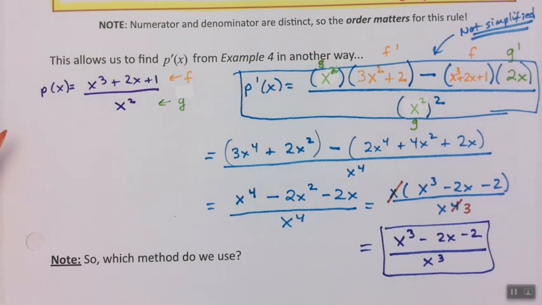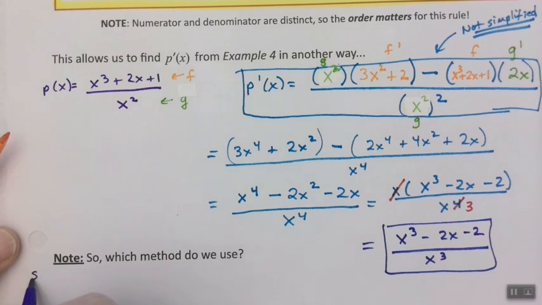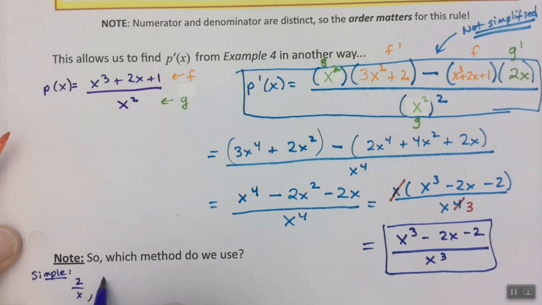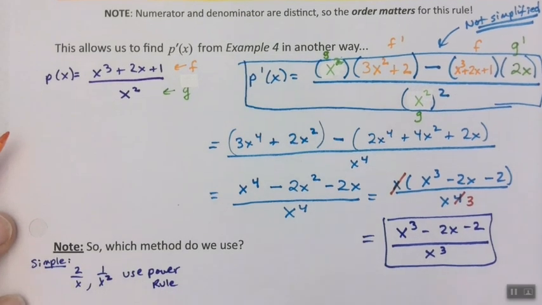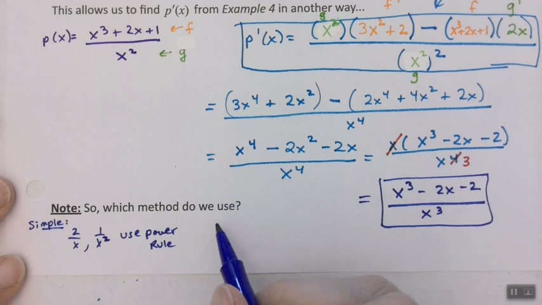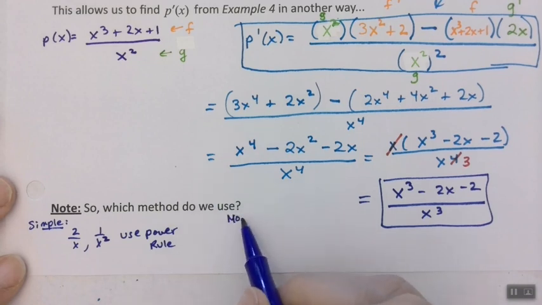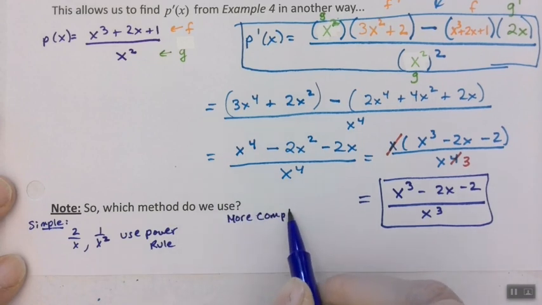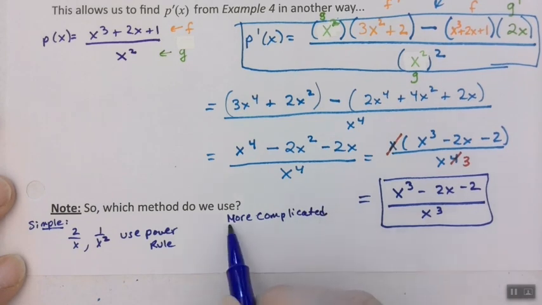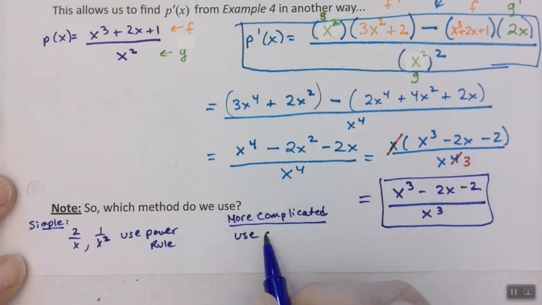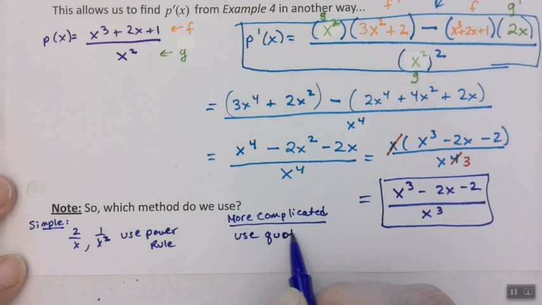So which method do you use? Well, the answer is whichever one's easier. It depends. For simple problems like 2 over x or 1 over x squared, use the power rule. You change the expression into a power. If it's more complicated, then usually we use the quotient rule and just leave it unsimplified, unless we have to simplify it.